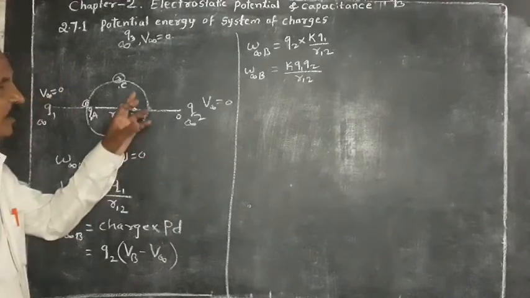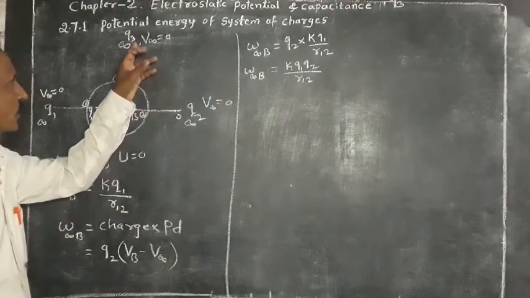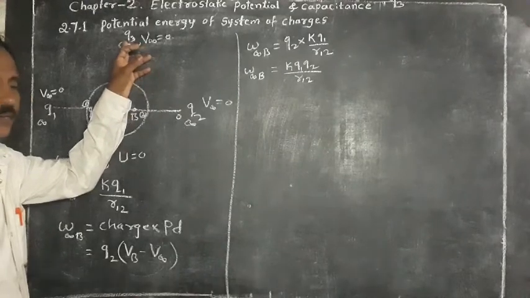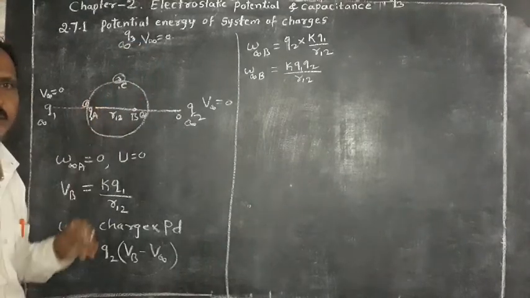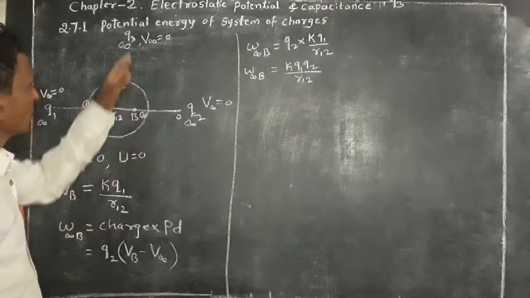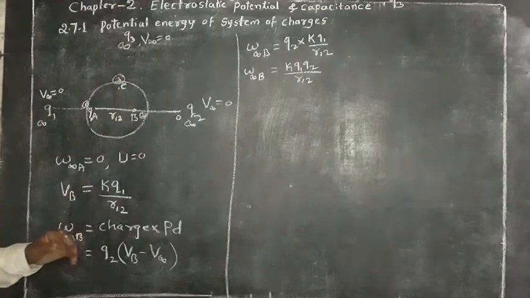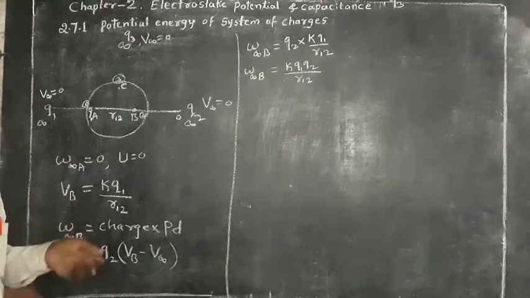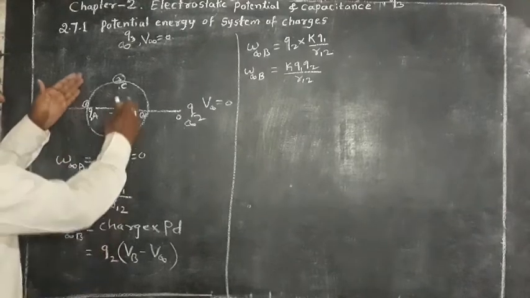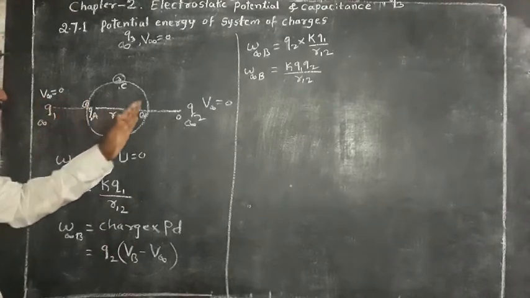Now, what is the work done in moving a charge Q3 from infinity to the point C? To do this work, it has to overcome repulsive forces due to Q1 and Q2.